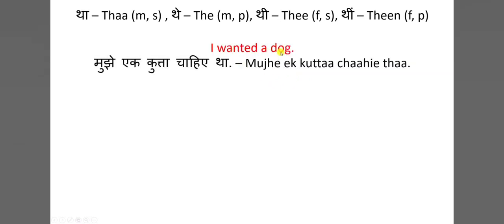I wanted a dog is मुझे एक कुत्ता चाहिए था. This is indirect construction, meaning the subject of the English sentence becomes indirect object of the Hindi sentence and ko is added to it.